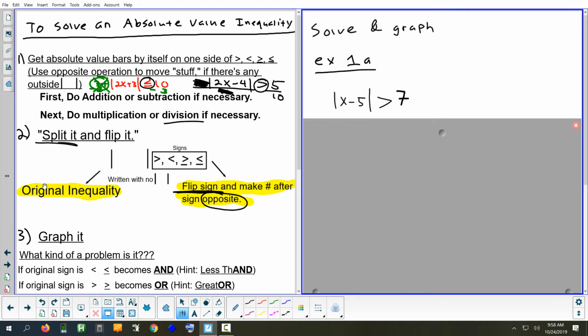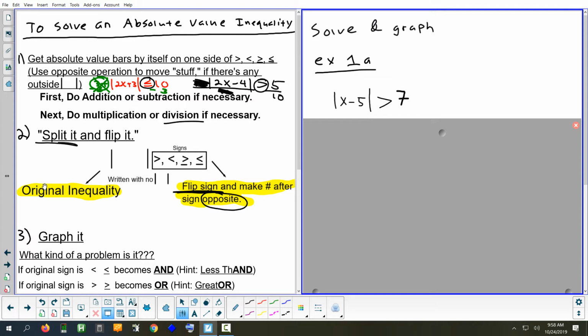Blake, are the absolute value bars by themselves there? What's next to the absolute value bars then? The sign. The sign is okay. You've got to have a sign in there, so the sign is okay. So let me ask it again. Are the absolute value bars by themselves?